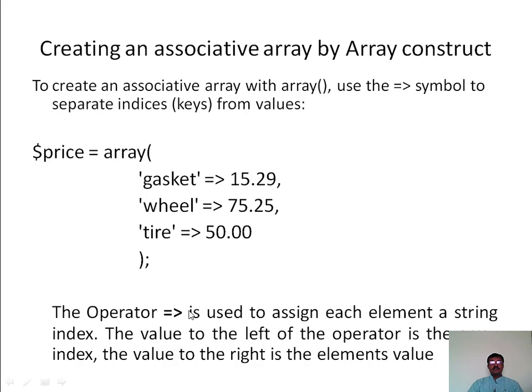The operator equal sign followed by greater than symbol is used to assign each element a string index. The value to the left of the operator is an array index or a key. The value to the right of the operator is the element's value. So in this way, we can create an associative array with the help of array construct.